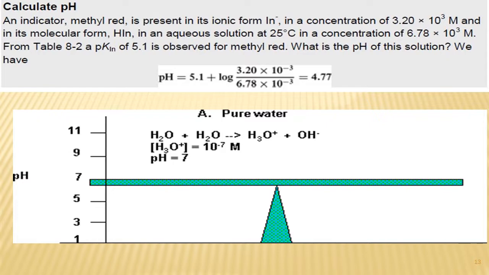From the table, we have a table in the book regarding the pK, indicator equal to 5.1 is observed for methyl red.